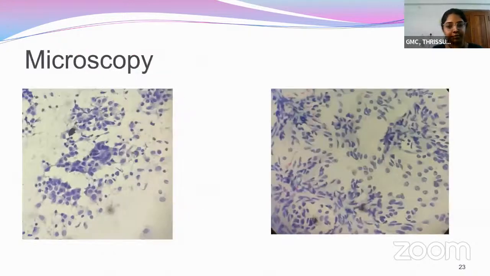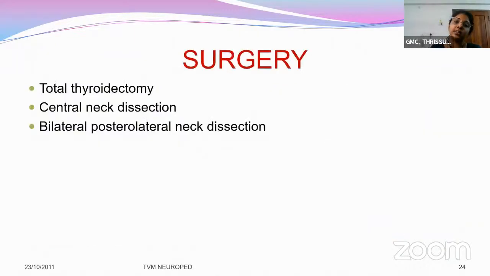This was the FNAC smear, showing follicular cells arranged in a papillary pattern. As papillary carcinoma of thyroid was suspected, total thyroidectomy and central neck dissection with bilateral posterolateral neck dissection was done.